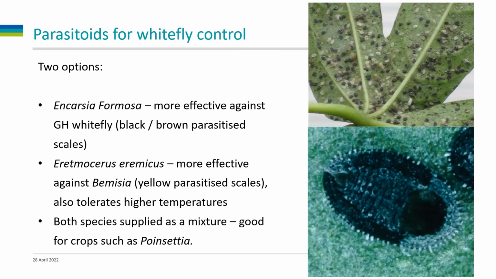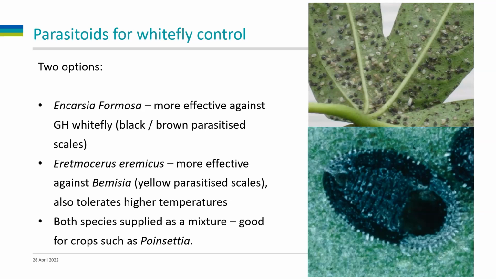Also, just referring back to the foe I mentioned in one of my earlier slides, the cabbage whitefly, Encarsia will parasitize that, but it can't be relied upon as a control. So if you get that, you need to do other things.